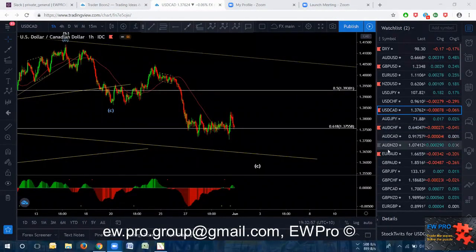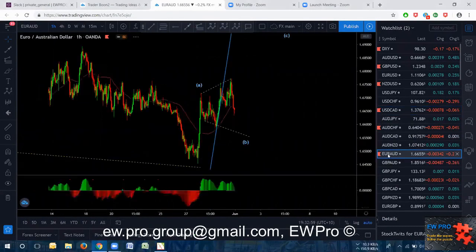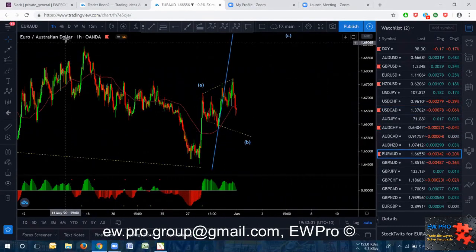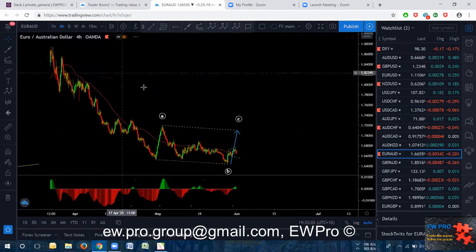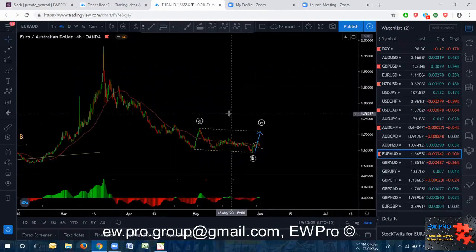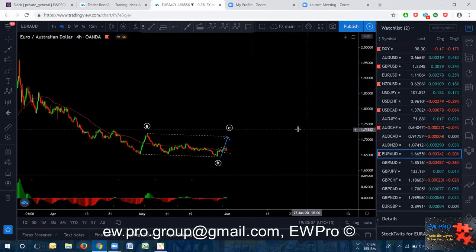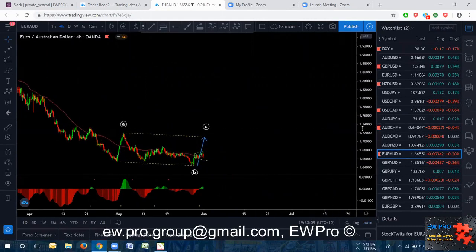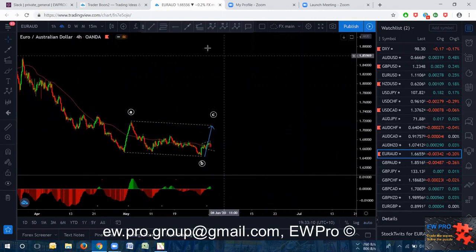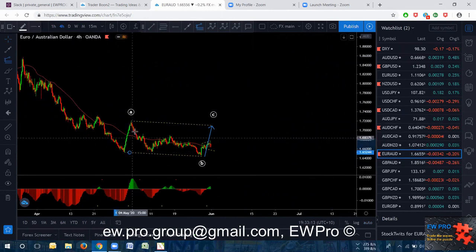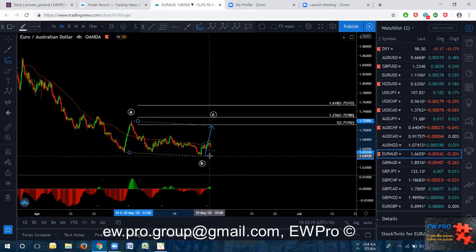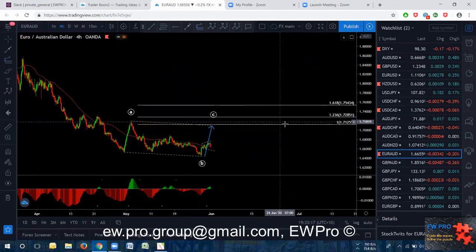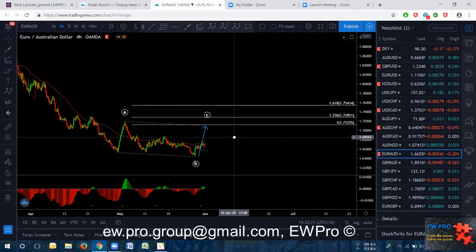I'll show you one of the nicer sort of setups that I'm looking at, which is EA. There's quite a bit of room up in this one still. We get our fib. So we're looking for this C up around the 170, 125 area.